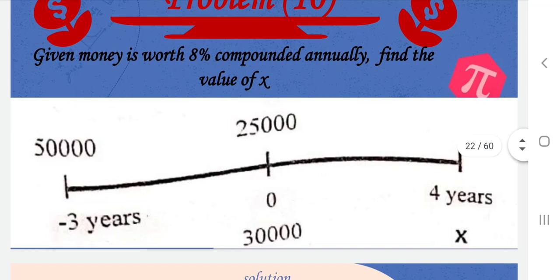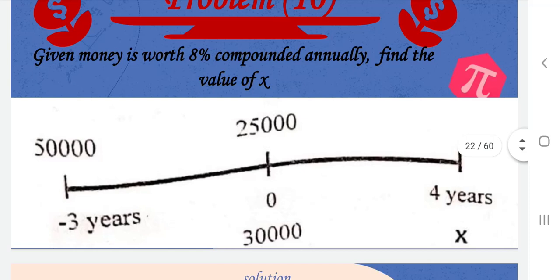Problem number 10. Given money is worth 8% compounded annually, find the value of X. By looking in timeline, you don't know the position of focal date, so you can put it at the time of X. So it will be after the maturity dates of old and new obligations, and the main formula will be the amount for O1 plus the amount of O2.